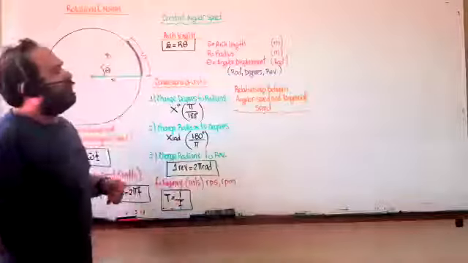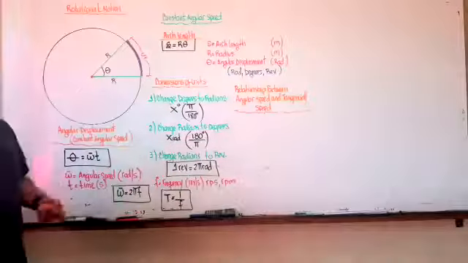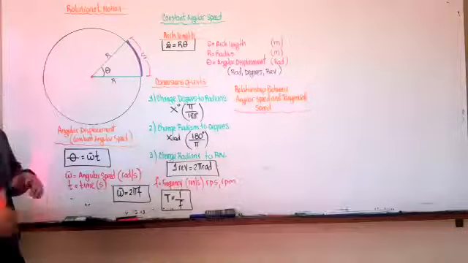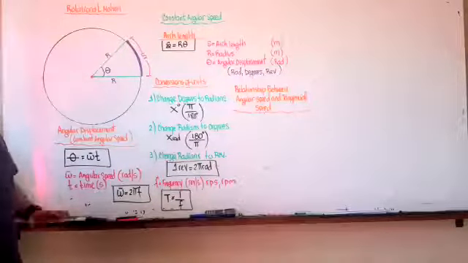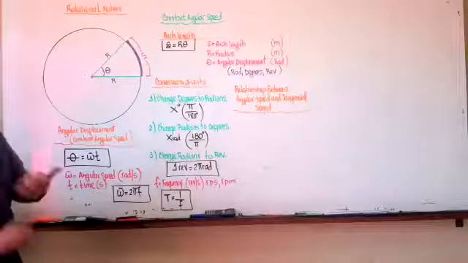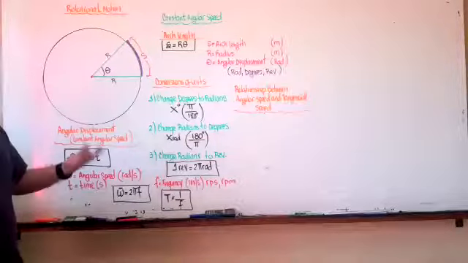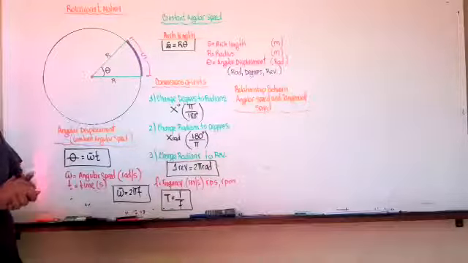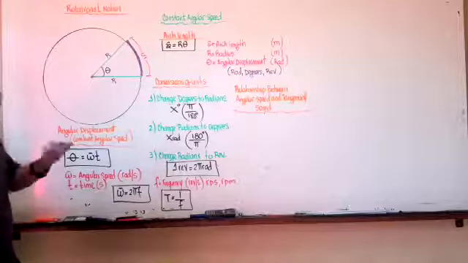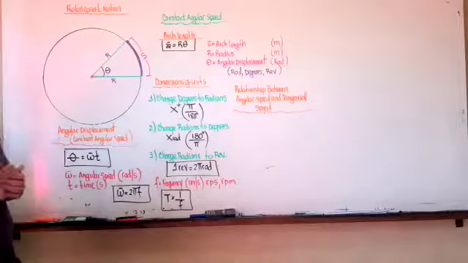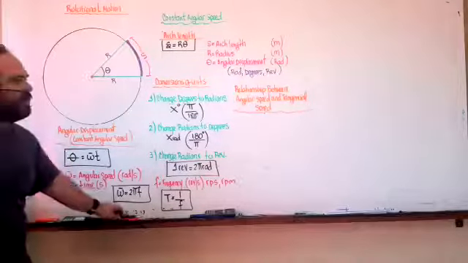Tangential speed, or linear speed or velocity, the normal v. So if you need to find the linear velocity in relationship with the angular speed, it's simple.